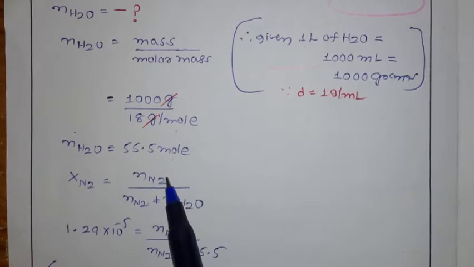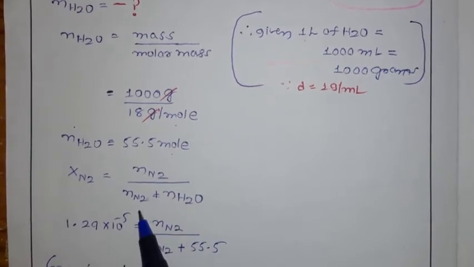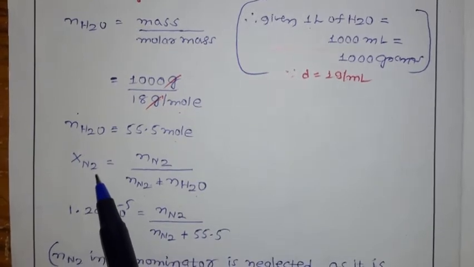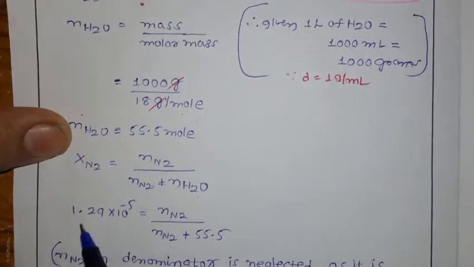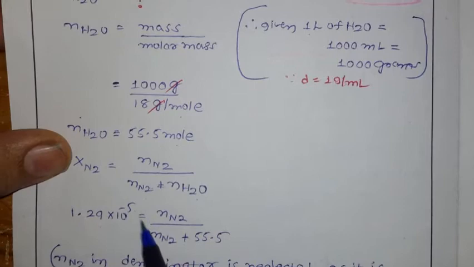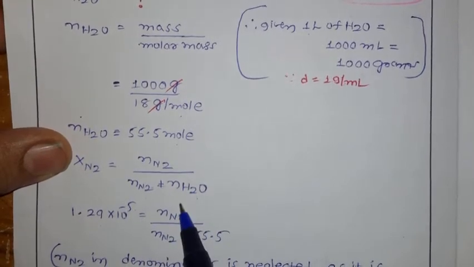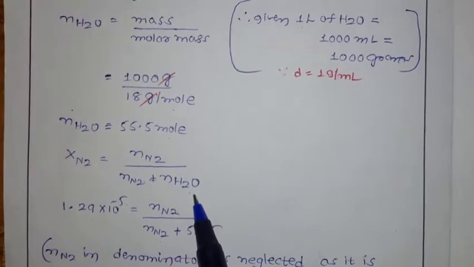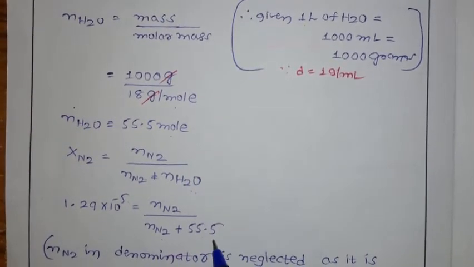Okay. Next, now calculate the mole fraction of nitrogen. So what's the formula? Number of moles of nitrogen divided by number of moles of nitrogen plus number of moles of water. Already we calculated the mole fraction of nitrogen: 1.29 times 10 to the power of minus 5 equals the number of moles of nitrogen, which we have to find out, over number of moles of nitrogen plus number of moles of water, which is 55.5 moles.